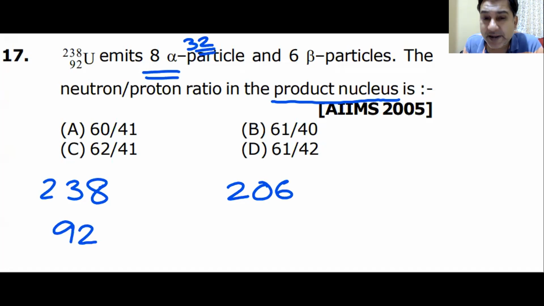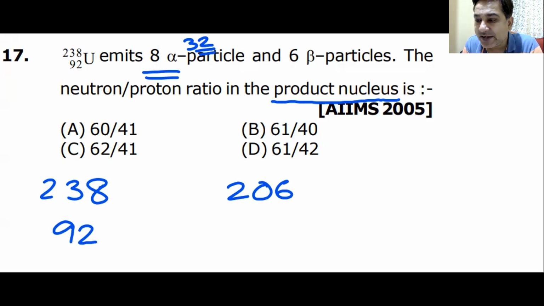Now, can you give me the answer for this one? When I emit 8 alpha particles, atomic number will get down by how much? 8 into 2, 16. Yes or no? But it will emit 6 beta particles, so it will increase by 6. It will decrease by 16 but increase by 6.